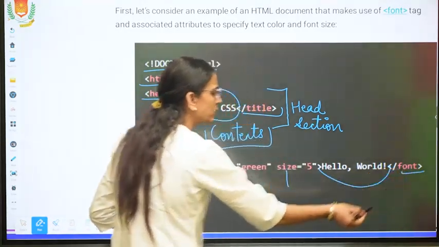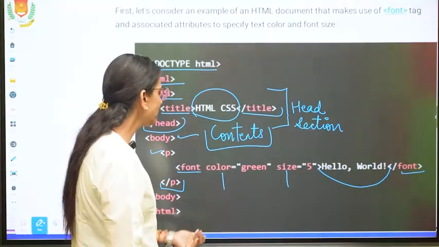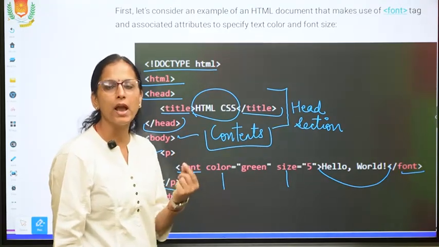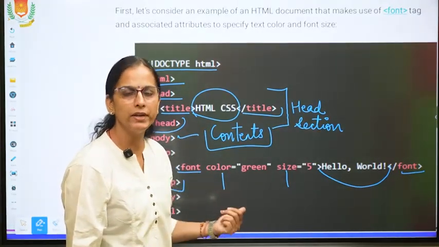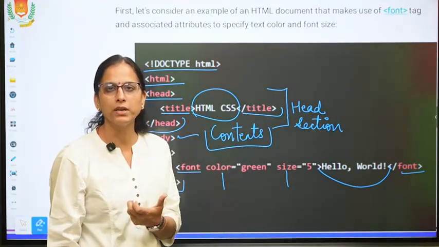Now the font tag is closed and the P tag is closed. Now what is happening here? As we have opening and closing tags for every tag, what is basically the use of opening and closing tags?